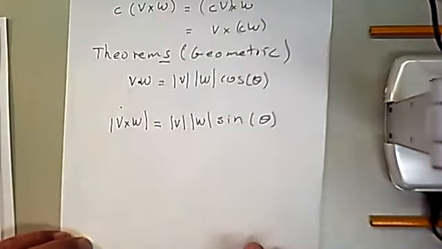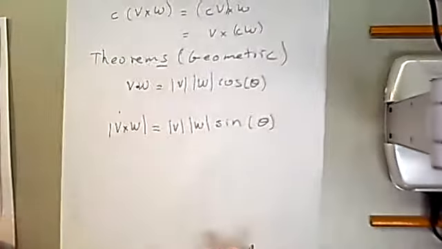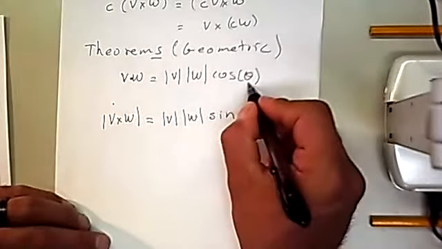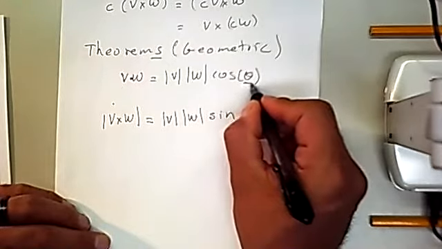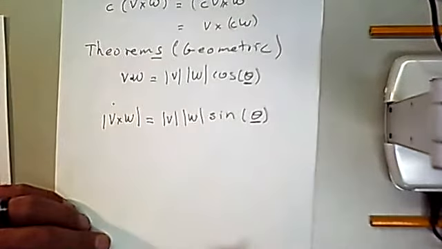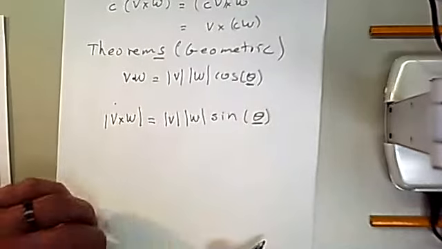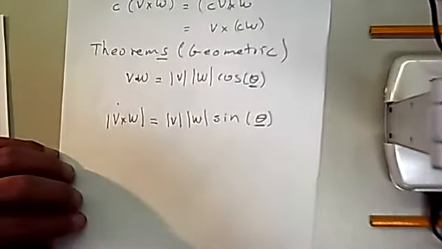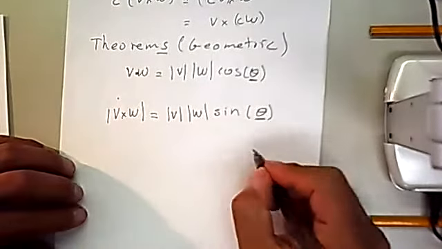Now there is a difference between those two thetas. They are not necessarily the same theta, so we have to be careful. They're the same theta if the theta is acute, but if the theta is not acute, then that is not necessarily true. Let's see what the difference is.